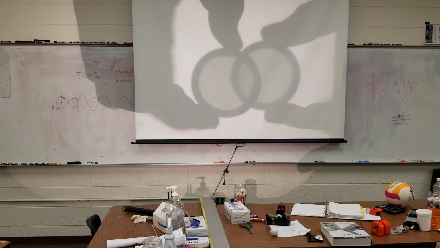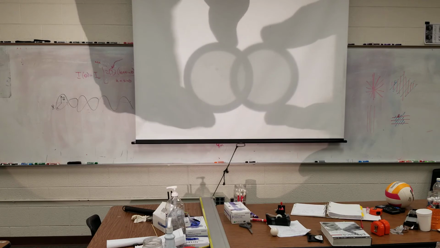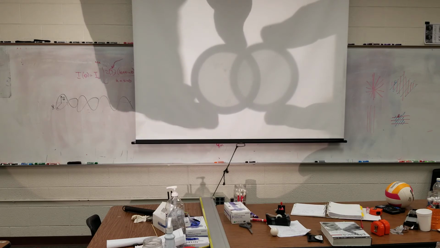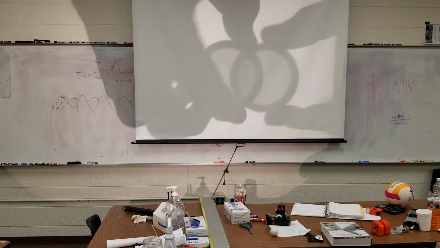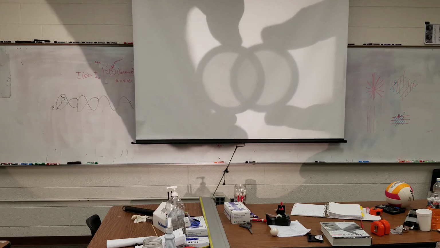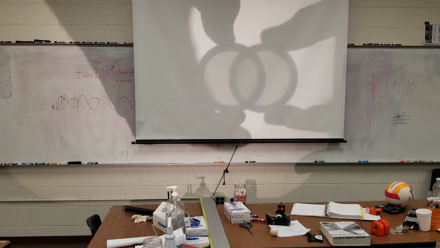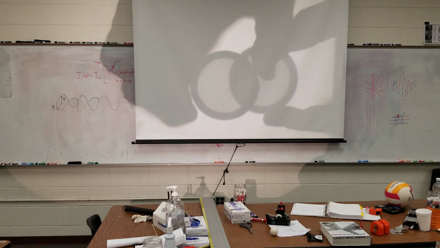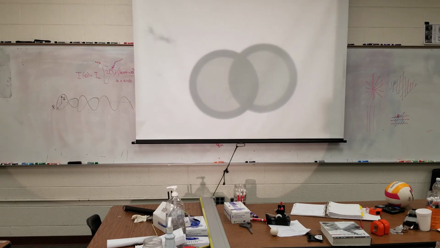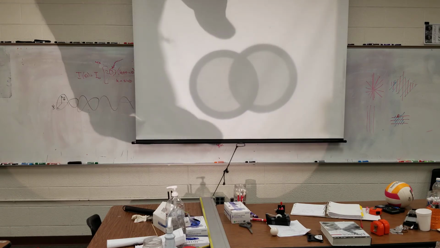That's probably the best I'm going to get right there. So those are lined up, so anything that passes through one filter will pass through the other one. I rotate the top one here 90 degrees, somewhere around there, and I block out all the light. That's what I did the first time. Now I'm going to take another filter, and I'm going to put that in between.